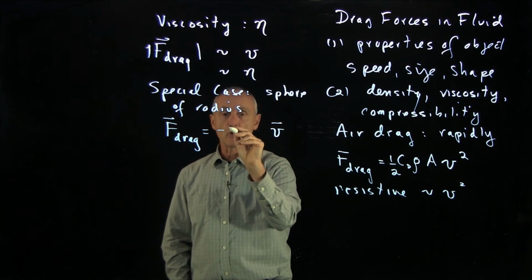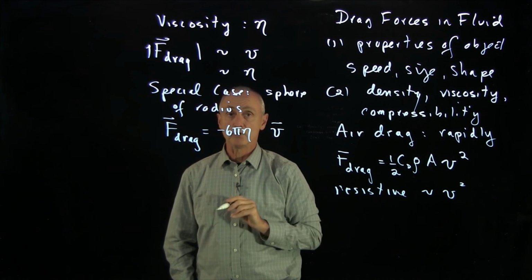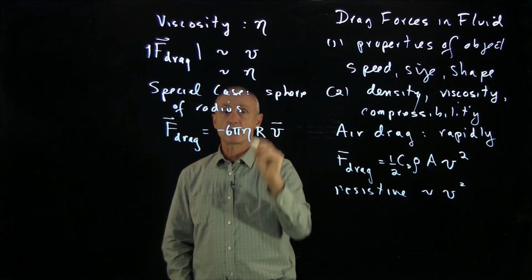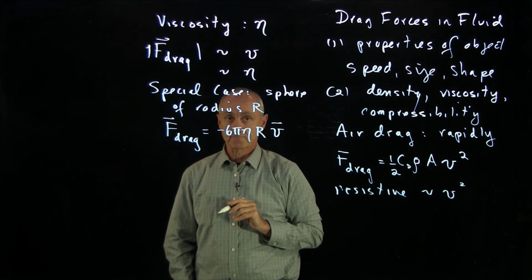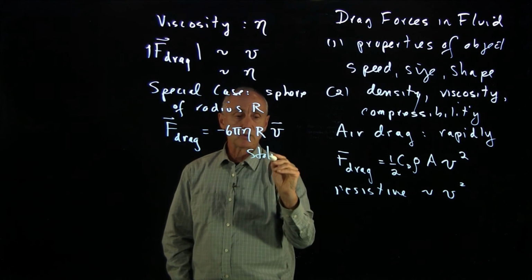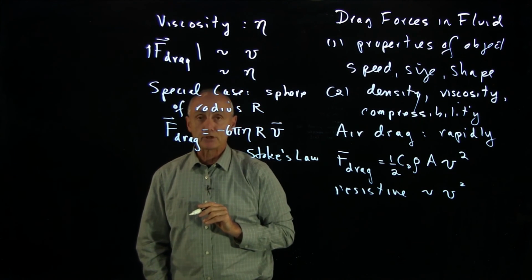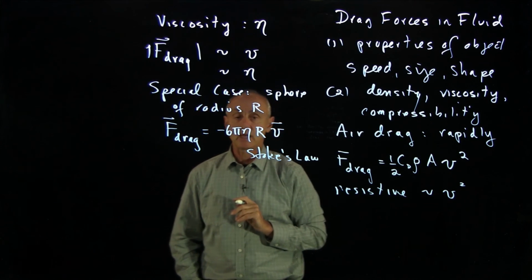There turn out to be some coefficients, 6 pi times the viscosity of the fluid times the radius of the sphere. And this particular law, which we'll know as Stokes' law, is exactly applicable to the motion of a sphere.